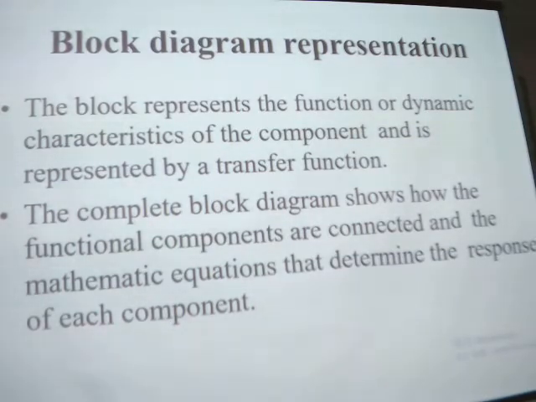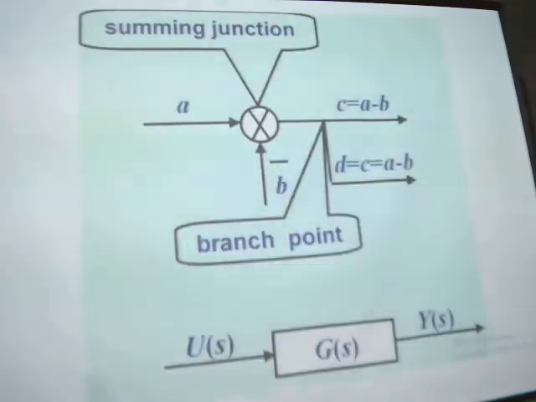Now, this is the characteristic of a block diagram. We can see here that a block diagram has some symbols. This is the summing junction we studied last week. This is also called an arrow, and also a branch point.